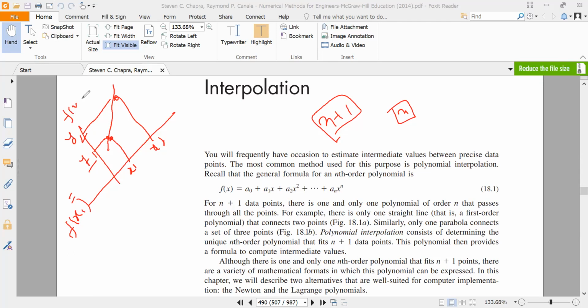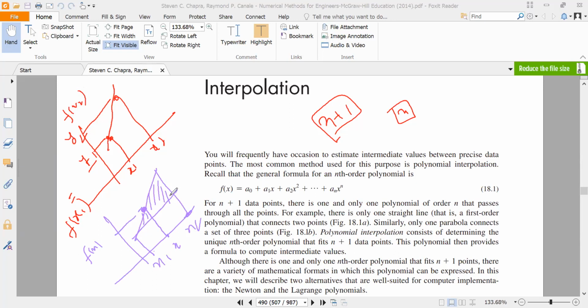If we have these points, then we have a line passing through x1 and x2. Then the value f(x) you find by using the simple similar triangle rule that I have discussed in one of my classes.